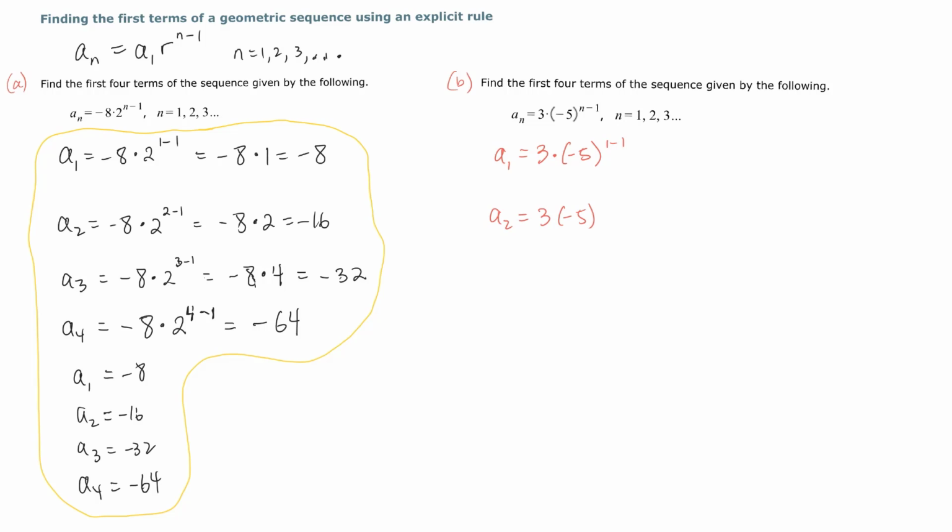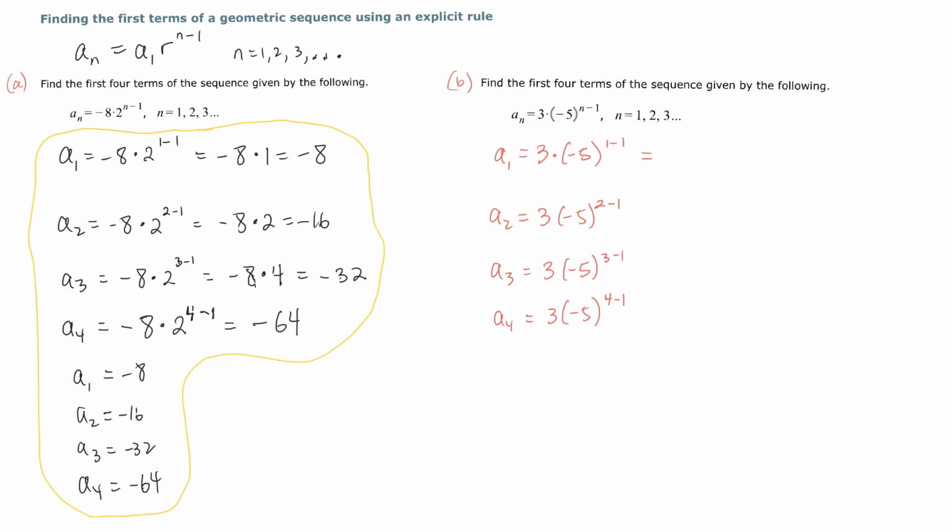Once again, the order of operations says do the exponents first. And so a lot of times when you're computing sequences, what you're trying to do is actually write patterns.